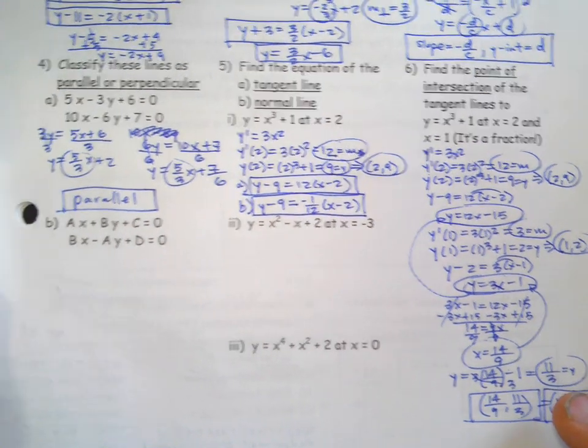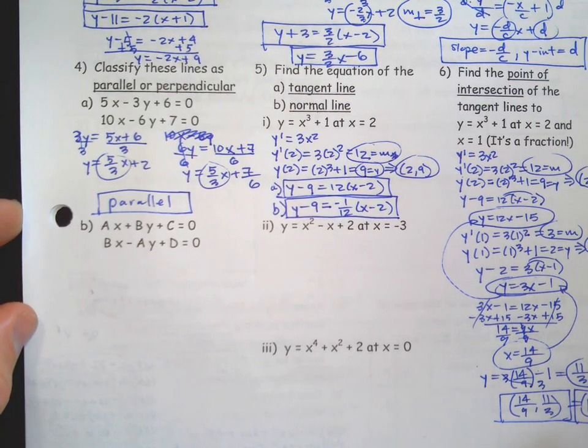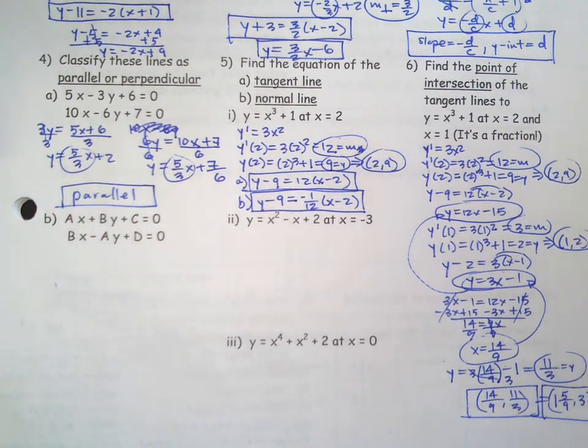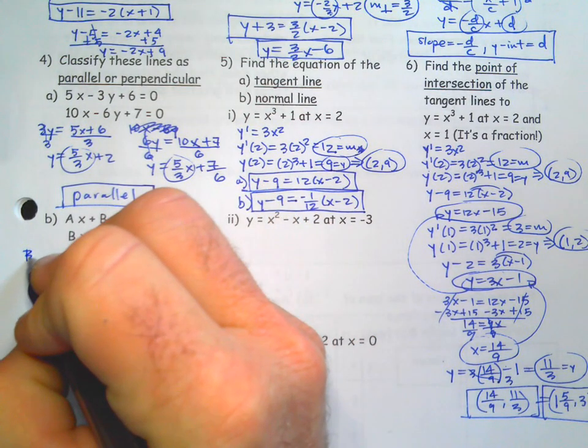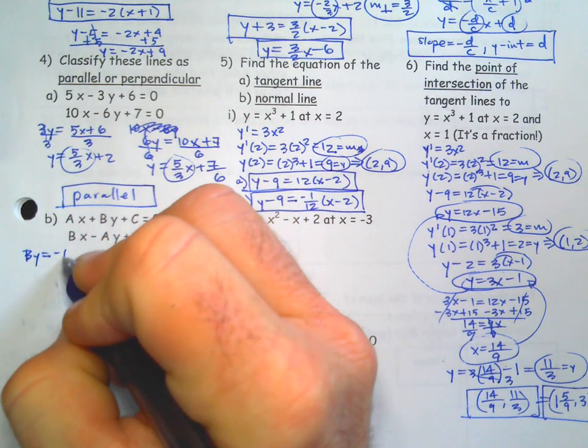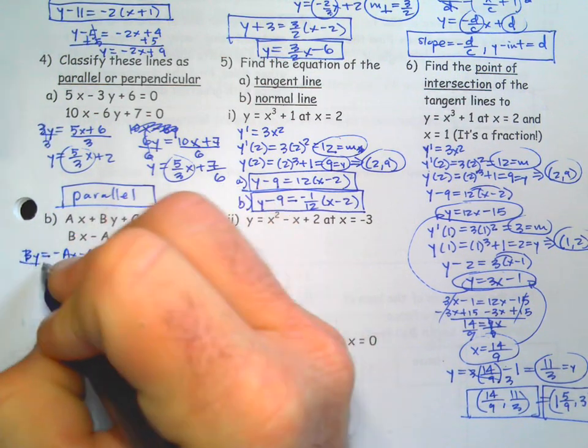Oh, I guess I skipped parts on number 4 and 5, so I'll do those right now. Number 4, are these parallel or perpendicular? Let's get the equations into slope-intercept form.